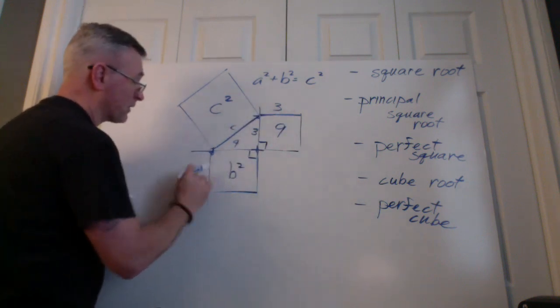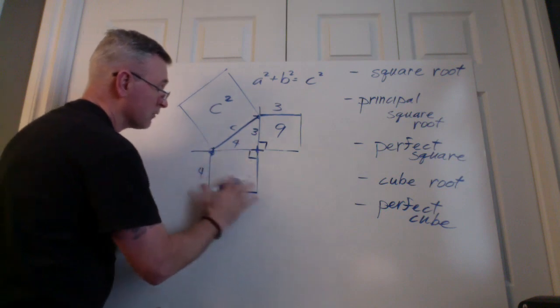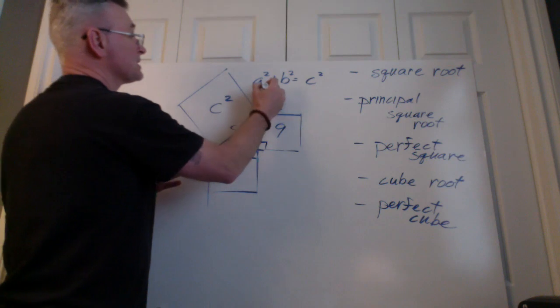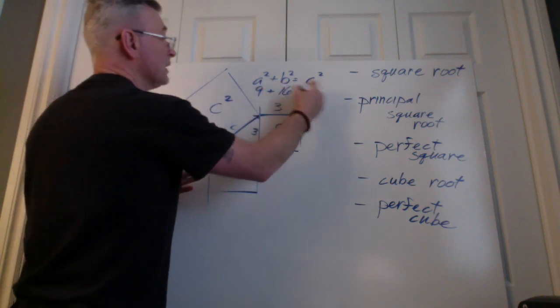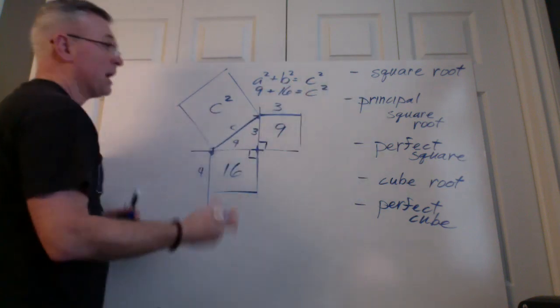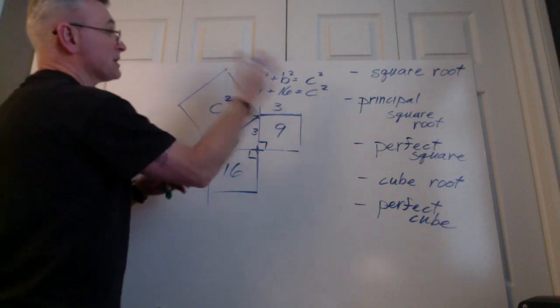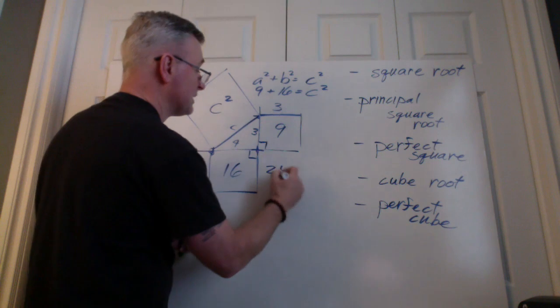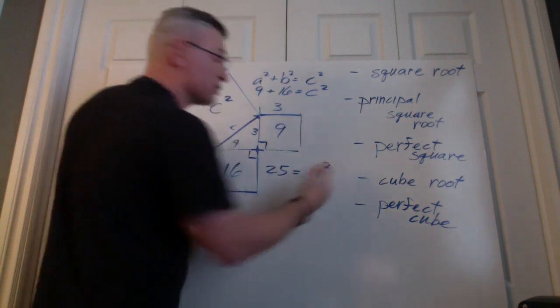And over here, 4 squared is 16. Well, 9 plus 16 equals C squared. And if we take 9 plus 16, these two are 25 together. So that means 25 equals C squared.